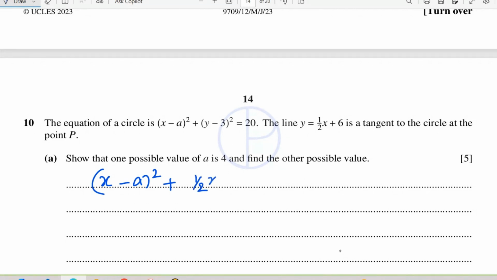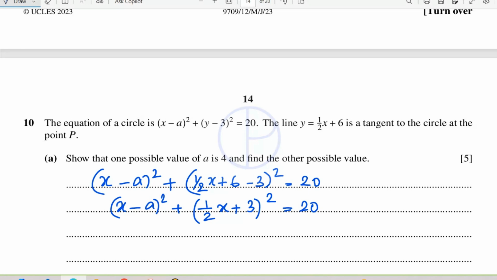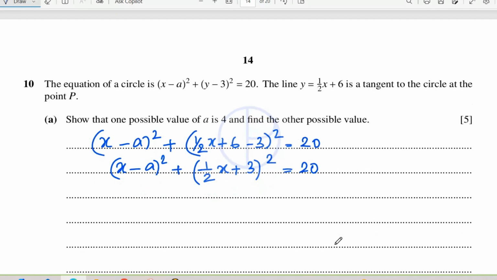So 1 over 2 x plus 6 minus 3 the whole square equal to 20. So let's write this, x minus a the whole square plus 1 over 2 x plus 3 the whole square equal to 20. Let's expand the brackets.